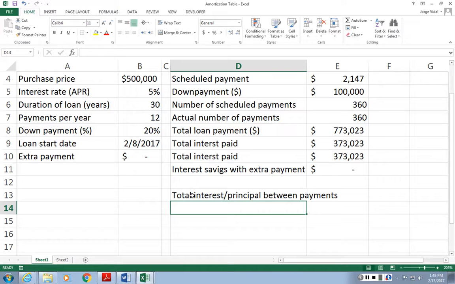So if you want to find out how much money is principal and interest between payment 1 and 20 or 20 and 40, okay? So let's do the whole loan for now, between 1 and 360.